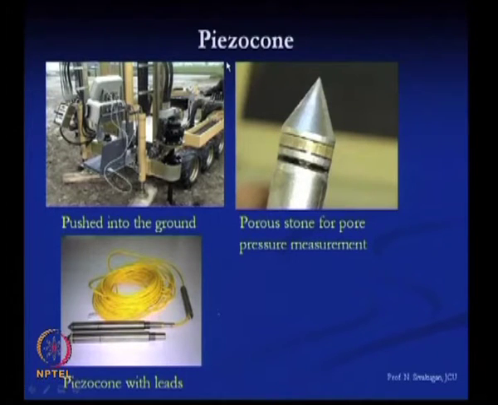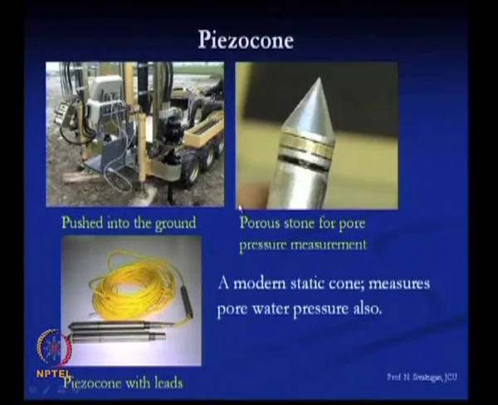So, the piezo cone is another type, this is the modern static cone penetrometer. In the normal SCPT test we can measure the cone resistance and the friction resistance, whereas with the piezo cone, the modern static cone, we can measure the pore water pressure also.